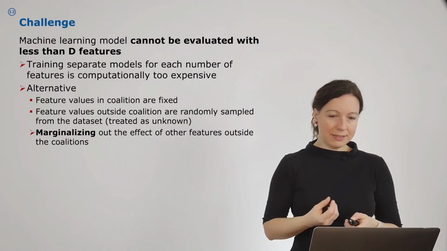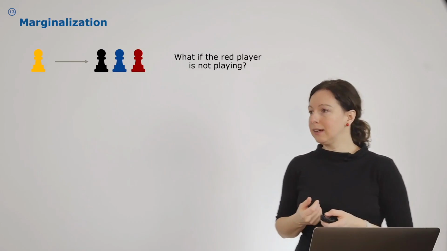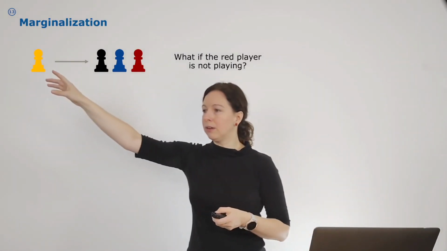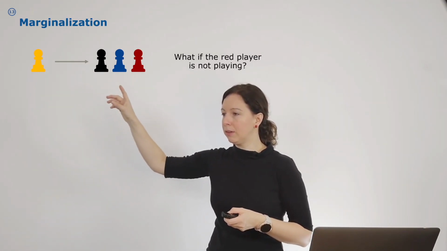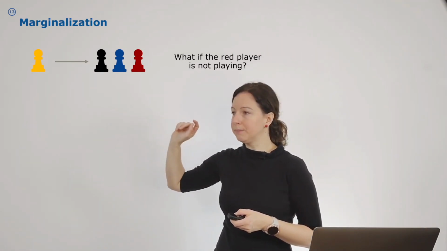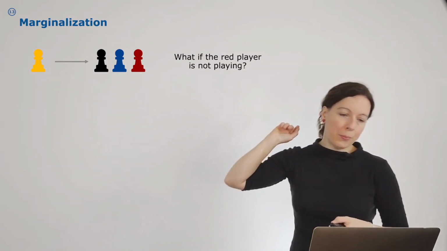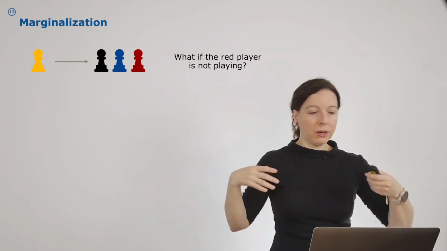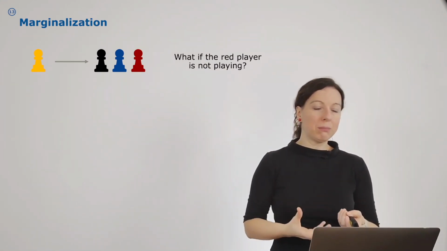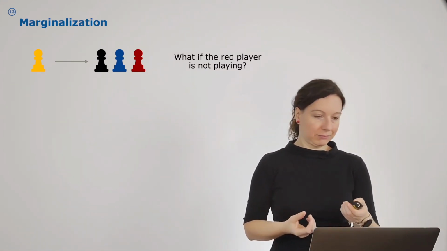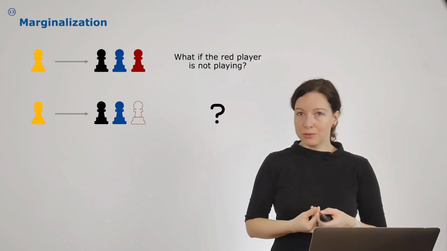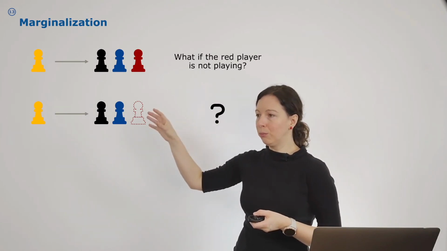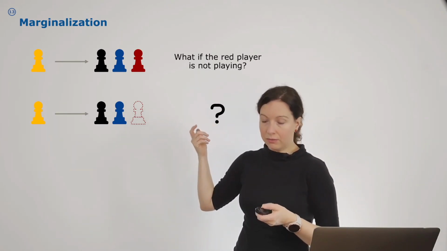And this marginalization is illustrated here a little bit more. So let's assume again you have a yellow player and you have your coalition of 3 players. This is one scenario, and this would work. But what if the red player is not playing? What to do? You do not want to compute a new model. You want to get rid of the effect of the red player.